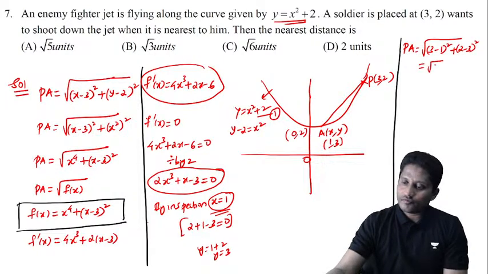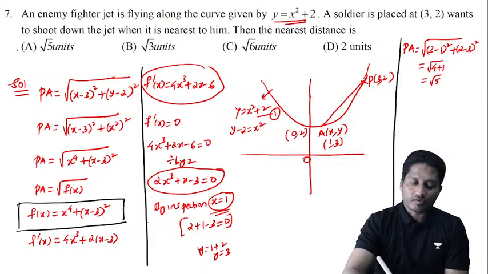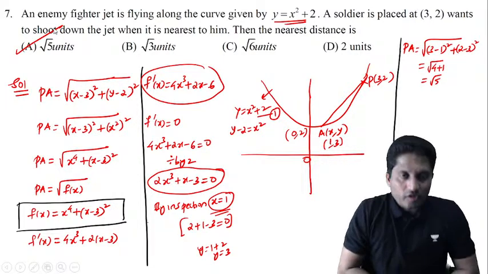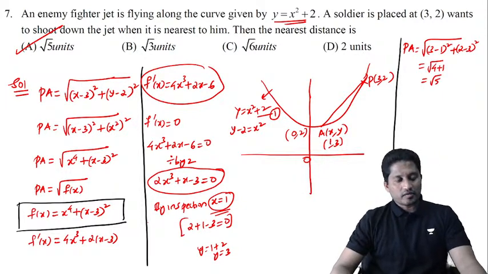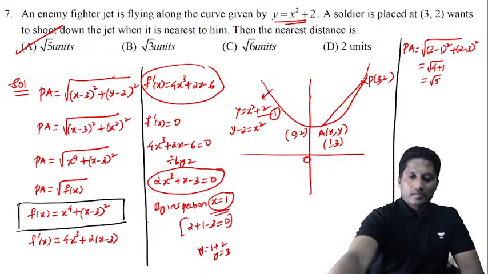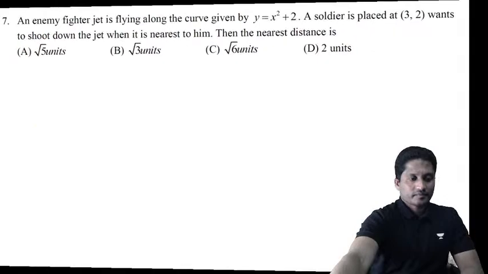This will be equal to root of 4 plus 1. PA is equal to root 5 units. Answer is option A. No shortcut can be applied. It's a miscellaneous worked out example question of NCERT, and no shortcut can be applied. Let's move to the next question.